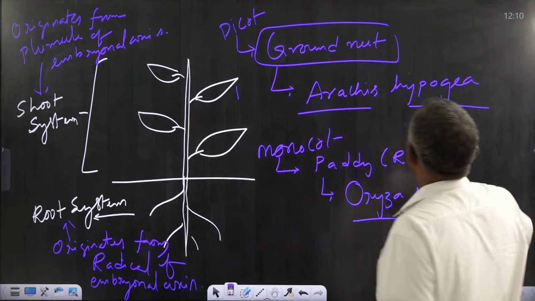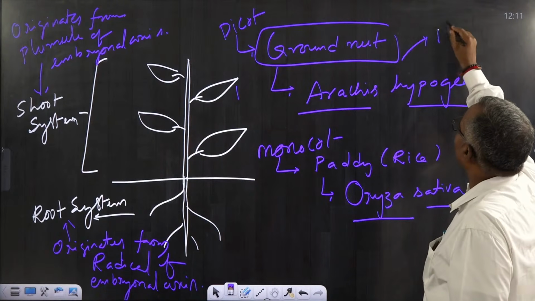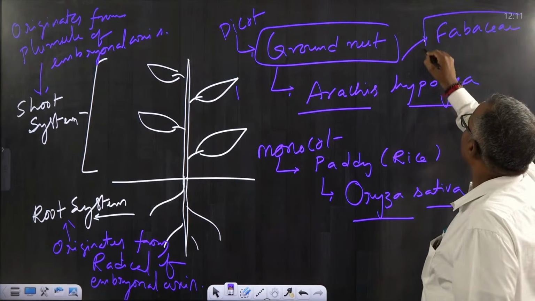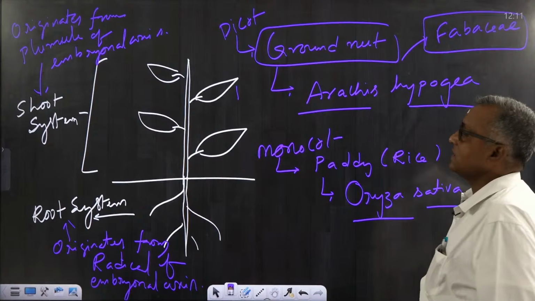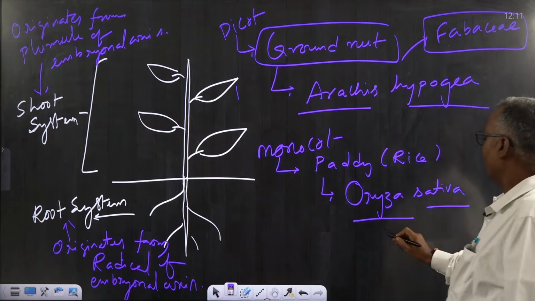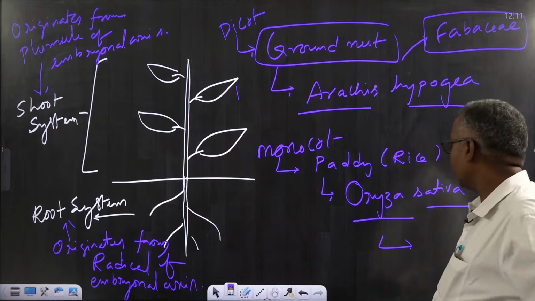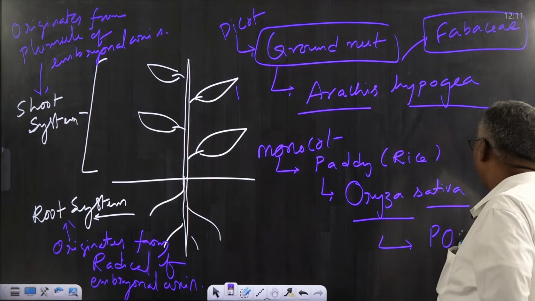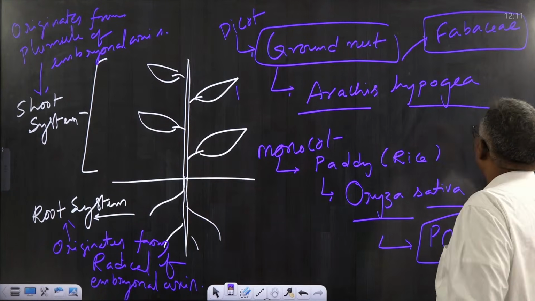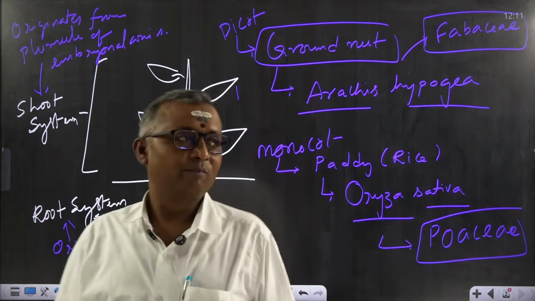And groundnut belongs to the family Fabaceae. Similarly, Oryza sativa belongs to the family Poaceae.